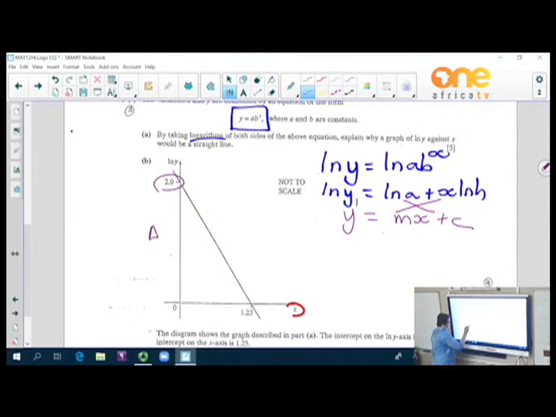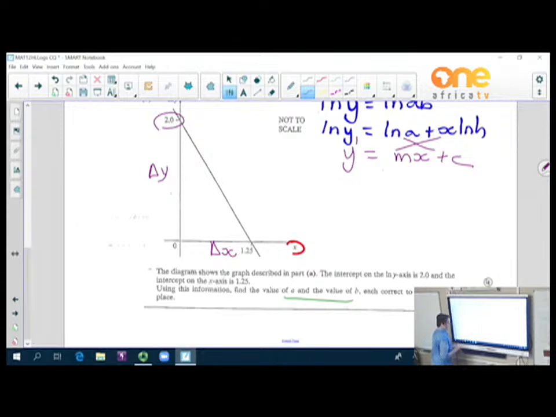So delta y over delta x, the gradient is then 2 over 1.25. And now they ask us to find a and b. So I'm going to start with this one again. ln a is equal to c, and the value of c is then 2.